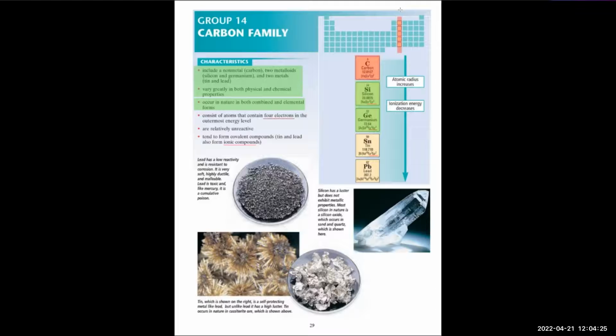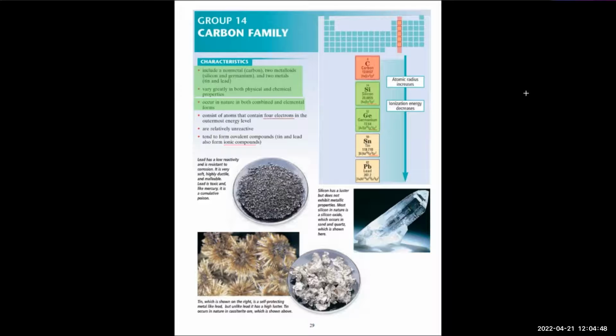Now I want you guys to see the picture that I'm projecting here. That element is lead. It's really heavy. If you see, the atomic mass of lead is 207.2. Now compare that mass to the one of aluminum.